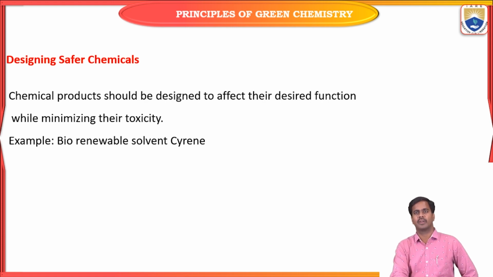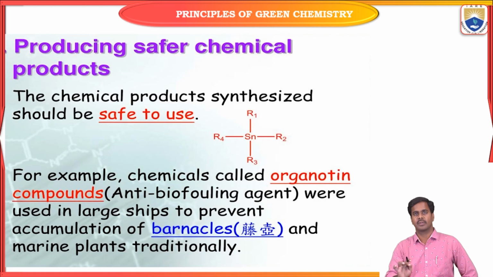For example, the renewable solvent Kyrene. It is an organic compound, but it is bio-renewable. Let us see an example of producing safer chemical products.